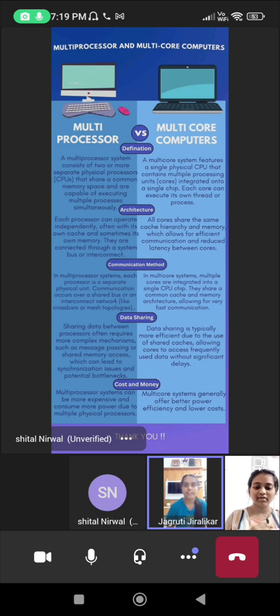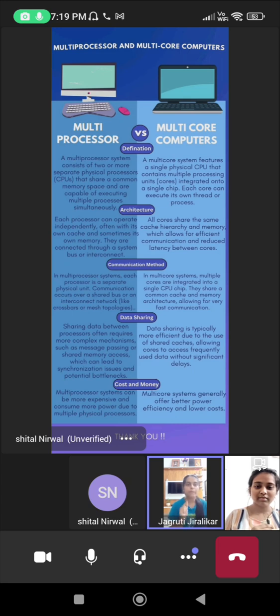So first of all, the definition. A microprocessor is the central processing unit of a computer system, which is encapsulated in a single integrated circuit.